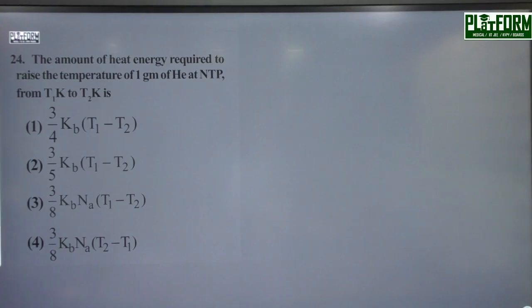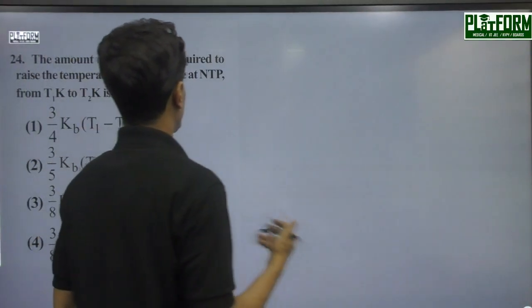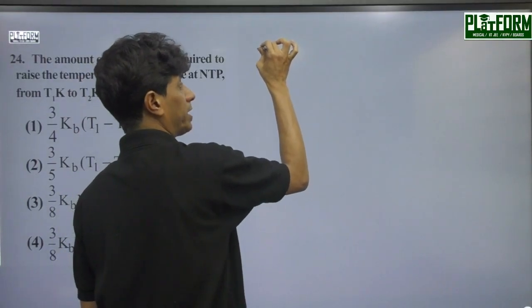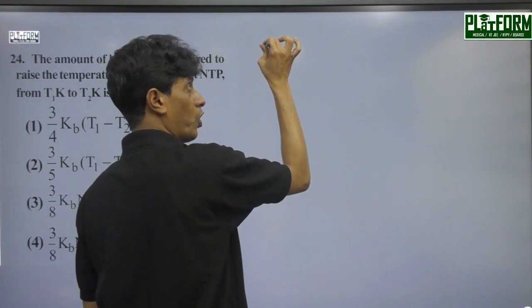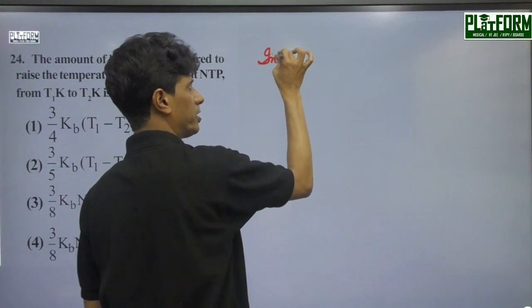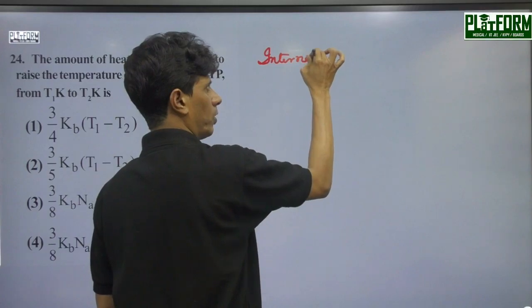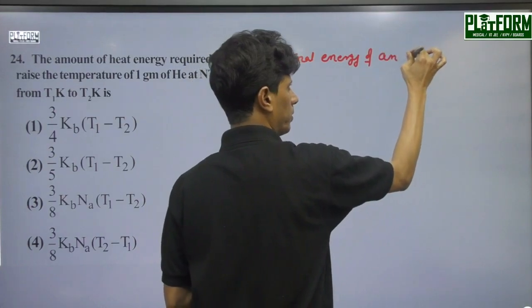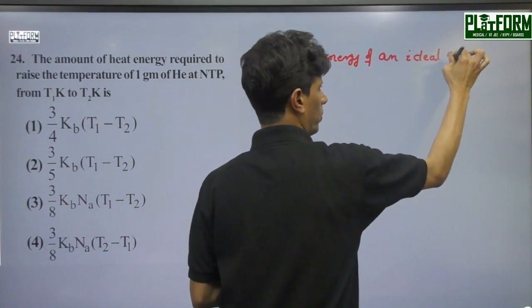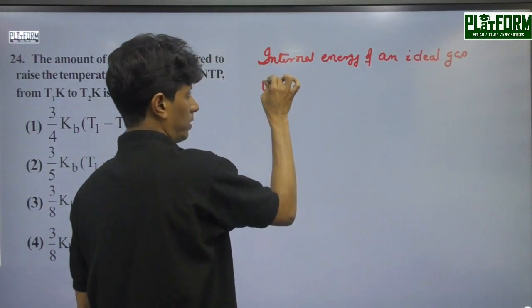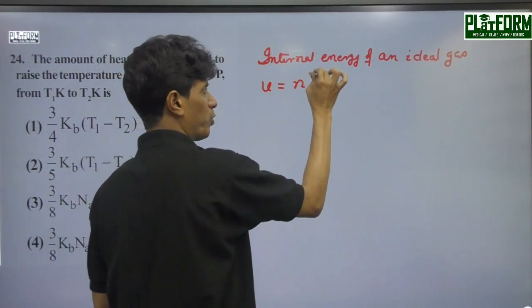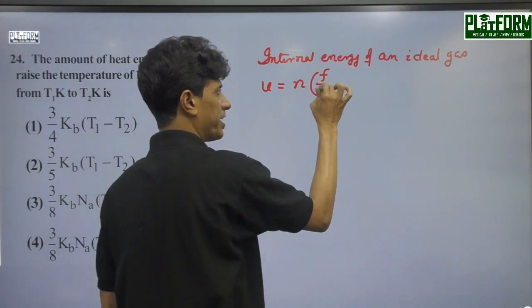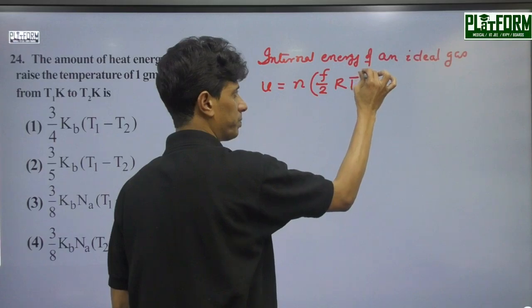Next problem. Amount of heat energy required to raise the temperature of 1 gram helium at NTP from T1 to T2. You know, from the kinetic theory of gas, the equipartition law of energy, the internal energy of an ideal gas is n, number of moles, times degrees of freedom by 2, into RT.